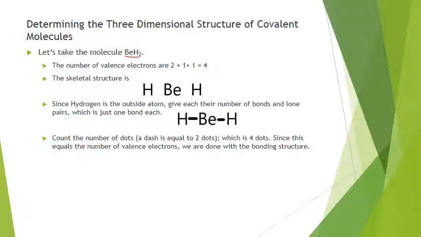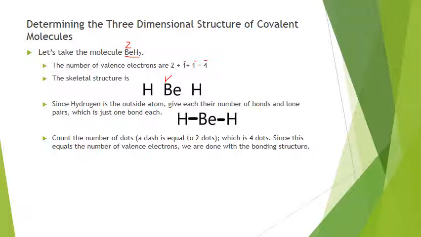Each beryllium has 2 valence electrons, and each hydrogen has 1, so the number of valence electrons is 4. The skeletal structure is this right here. The way that we've been doing it, we give the outer atoms their number of bonds.